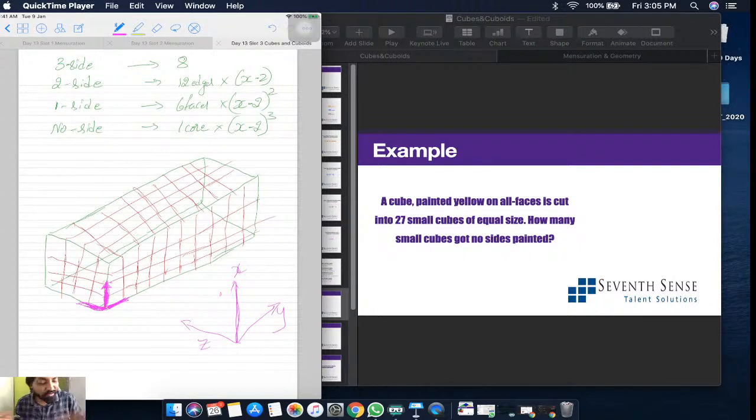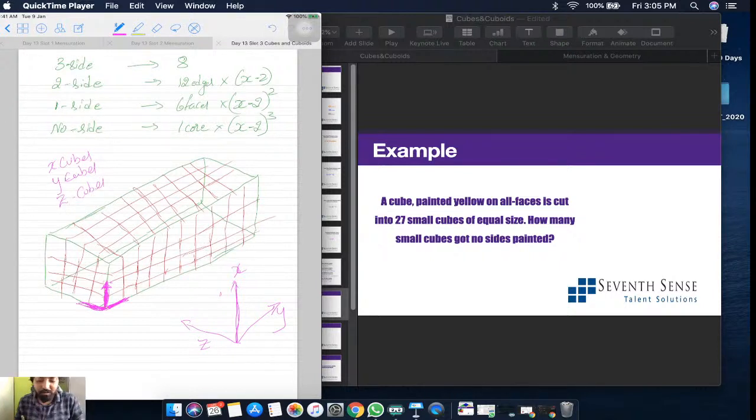Don't tell me xyz cannot be written like this. I can write it like this, right? Let's say on the x-axis there are x cubes. On the y-axis there are y cubes. And on the z-axis there are z cubes.